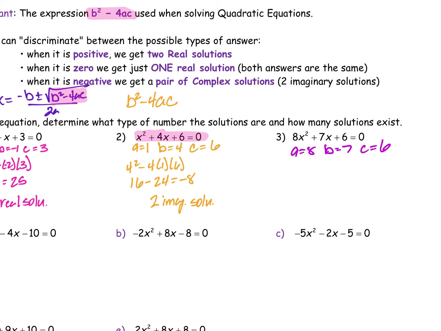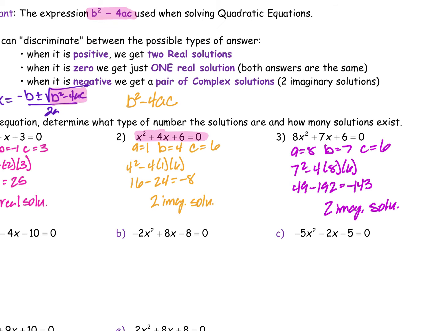So let's see, I've got 7 squared minus 4 times 8 times 6. 49 minus 192 is definitely a negative number. 143. Yeah, there we go. So that will be 2 imaginary solutions.